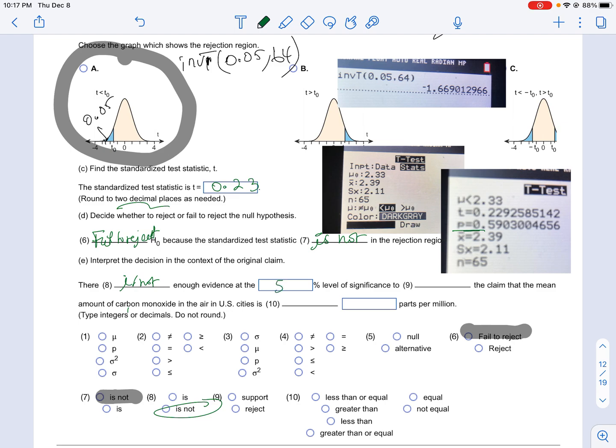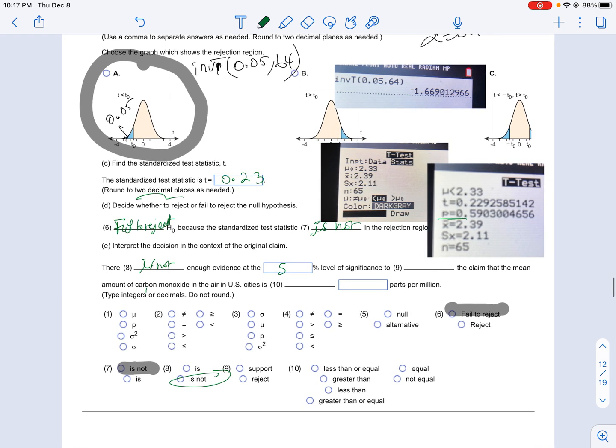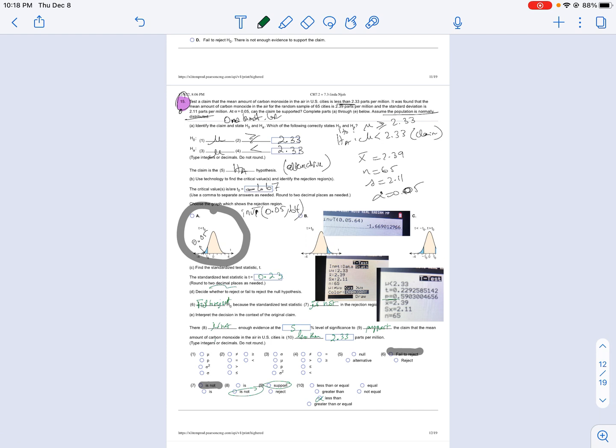At the 5% level of significance to, I'm going to say, support the claim that the mean is less than 2.33. All right, make sure you know how to perform a t-test on the calculator, interpret the results.